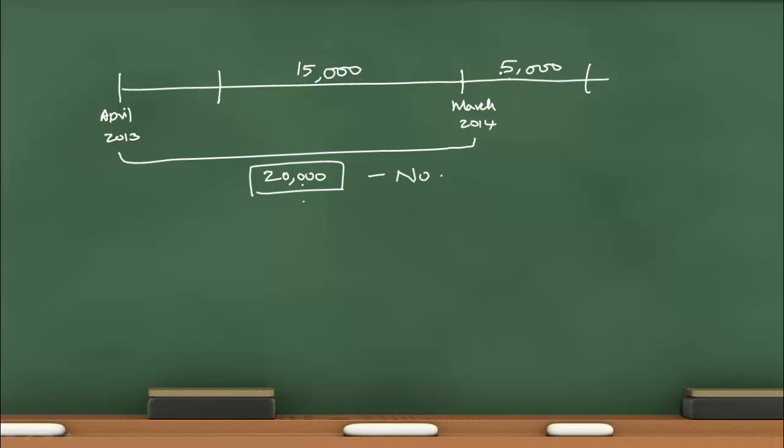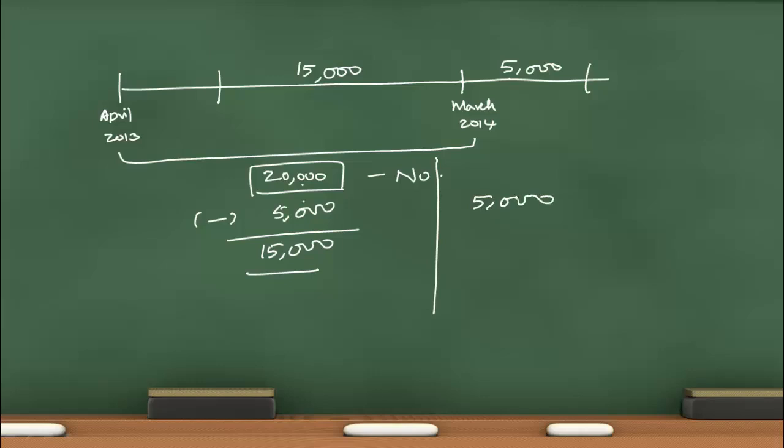So why it should be shown in the current year? Let it be removed from the current year and be shown in the next year. And how that is possible? It is possible by removing that 5,000 from current year, so that in current year we show only 15,000 and whatever is removed is kept as asset in the balance sheet.